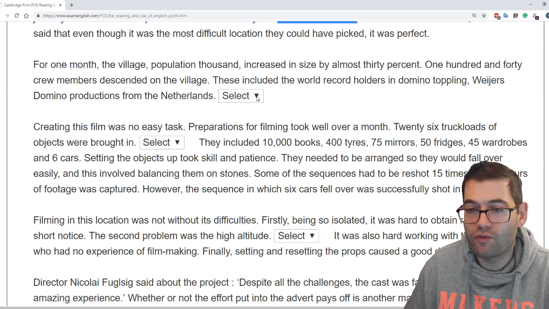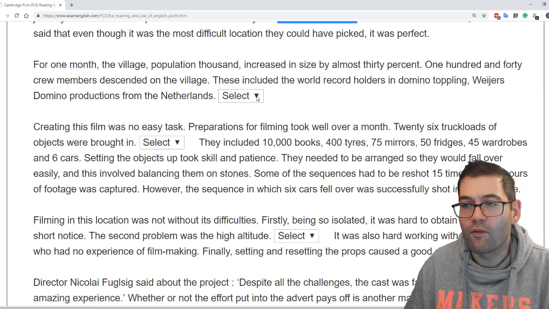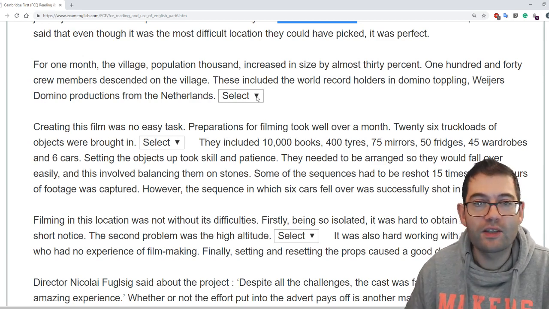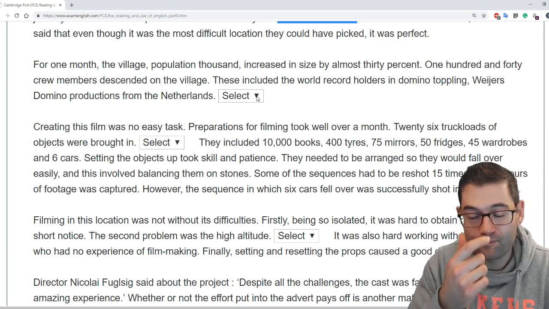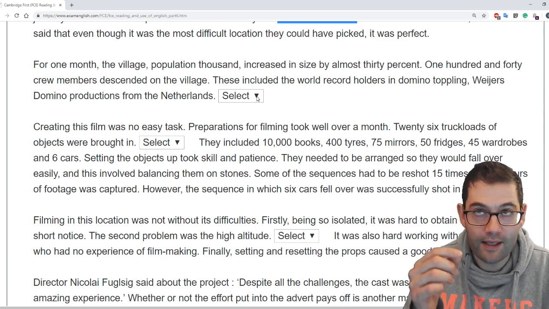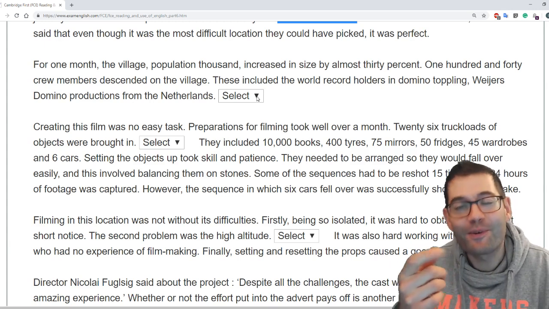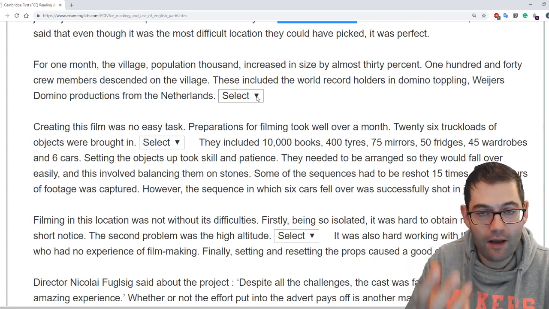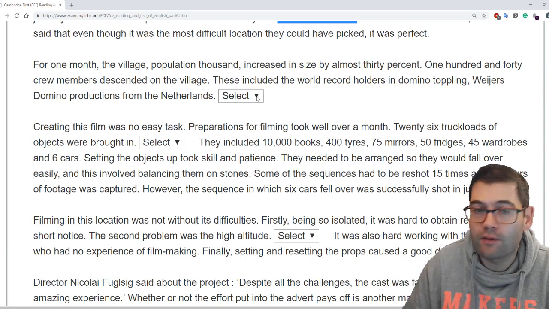These included the world record holders in domino toppling, Weyers Domino Productions from the Netherlands. Now the context is about talking about the people who were involved in the filming. So this answer should presumably follow that context as well.